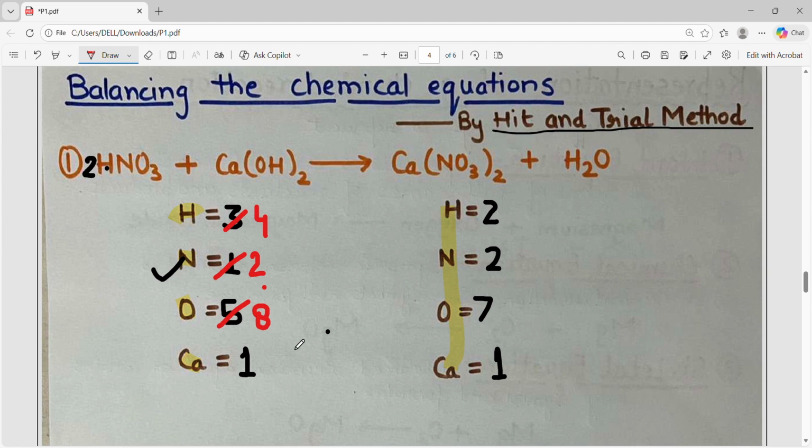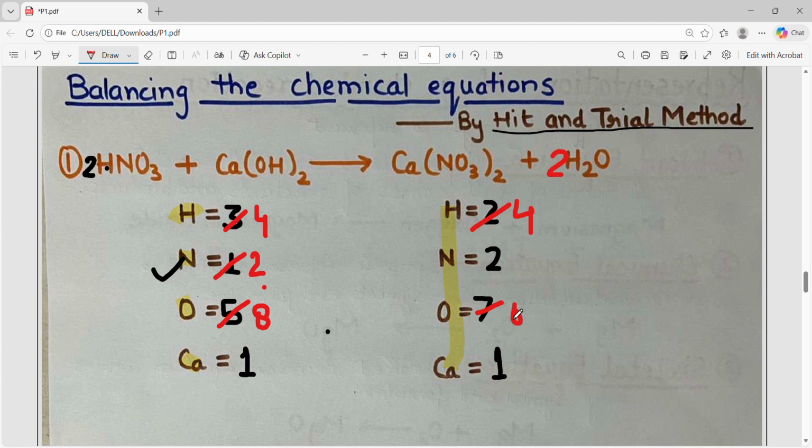Now moving towards this side, because we have changed a lot of counts, hydrogen is now 2 here and 4 on the other side, so we simply add 2 in front. Now hydrogen is 4, nitrogen is 2, and oxygen is 3 times 2 is 6, 7 and 8, so oxygen is also 8.